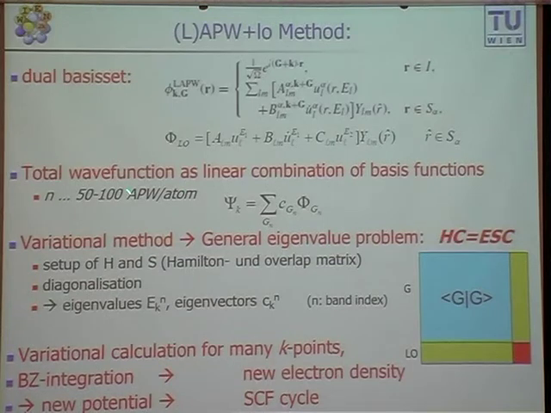Typically, I need about 50 to 100 of these APWs per atom. That means my matrix size, which I have to solve here, if I have 100 atoms in the unit cell, is approximately 5,000 times 5,000 or 10,000 times 10,000.